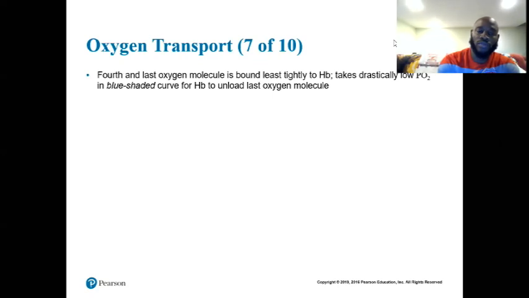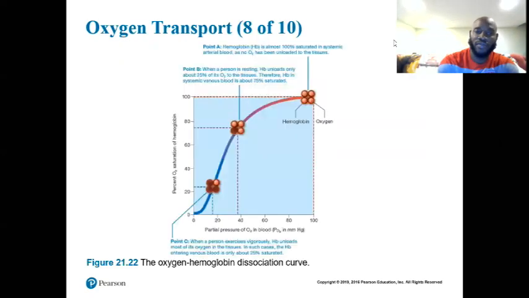All right, so that's basically the idea. So this is the curve again, and you see as your partial pressure of oxygen goes up, the amount of oxygen bound to your hemoglobin also goes up.